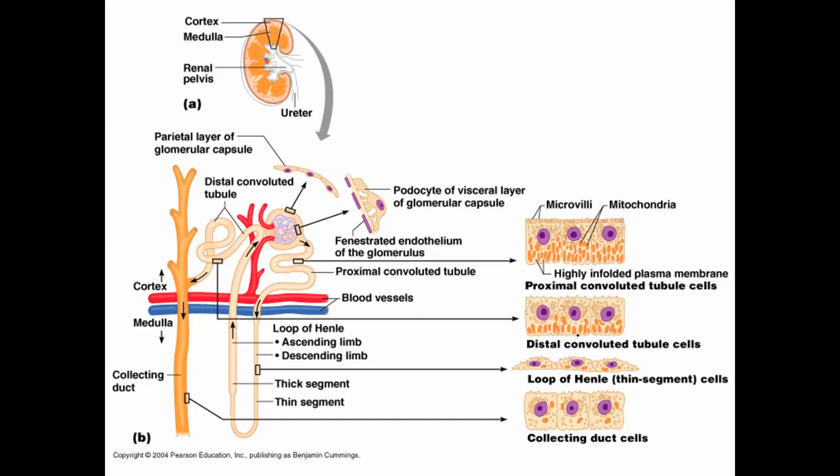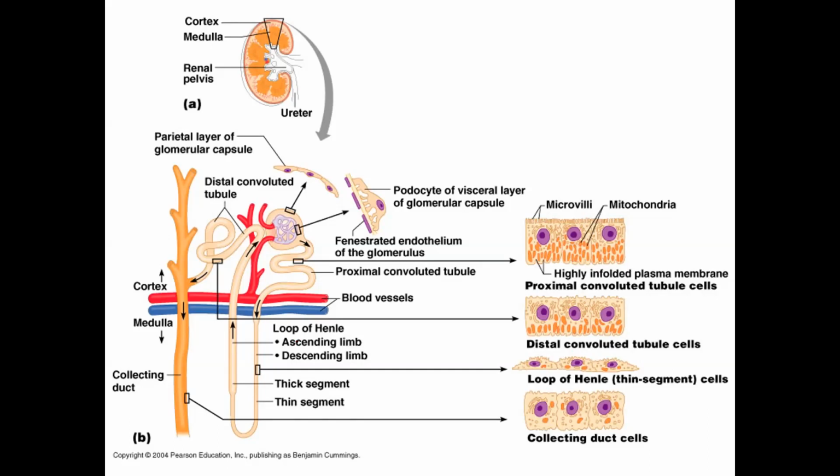And then if you look at the tubular structure in between, right here, you can see the cells are more like simple squamous epithelial cells. So if it's simple squamous epithelial cells, then material exchanges might take place over here because its lining is so thin.